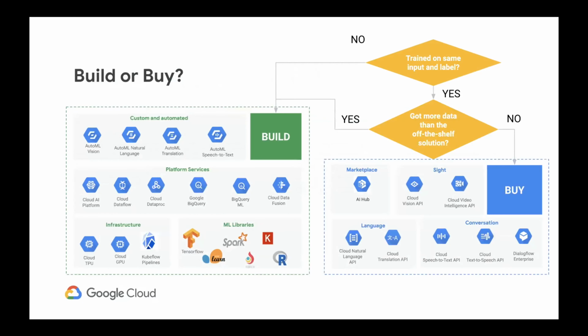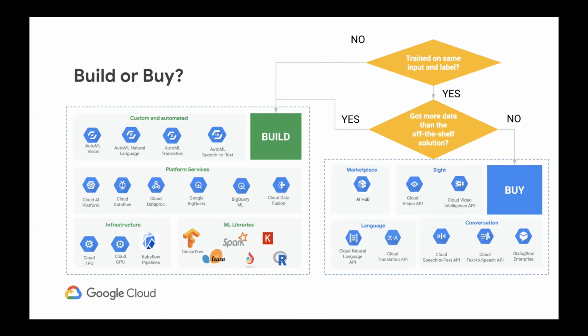And so now let's look at, from a product perspective, where do we start? I'm not going to go through all these, as we call them hexagons, the product capabilities, but this is sort of a workflow around what do you do? So if your data happens to be trained on the same types of inputs and labels as categories, we'll talk in more detail about that later, and the volumes of data fit into what the out-of-the-box tools can provide, what you see on the right side is a fantastic way to get started.